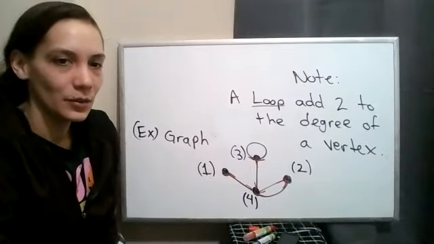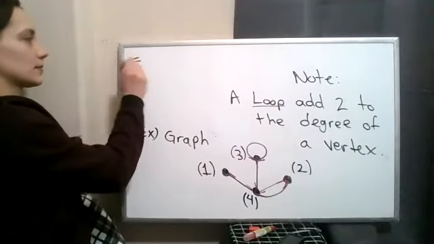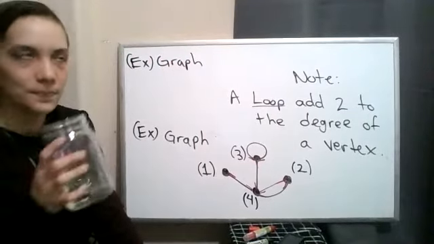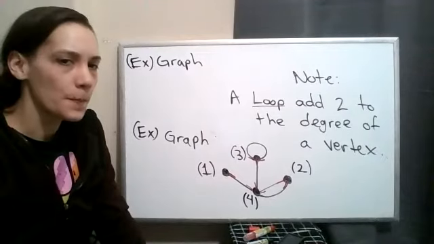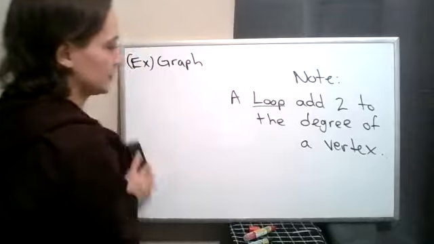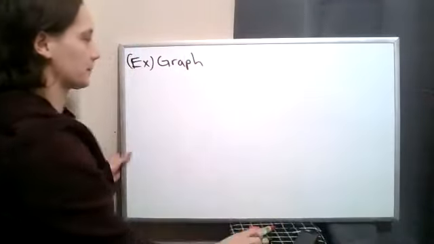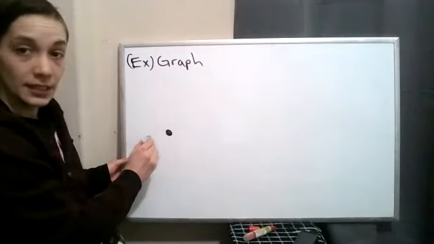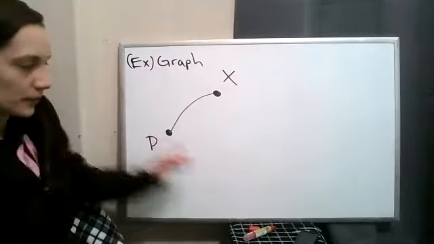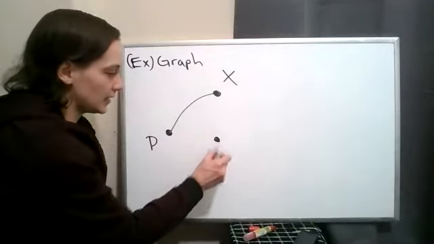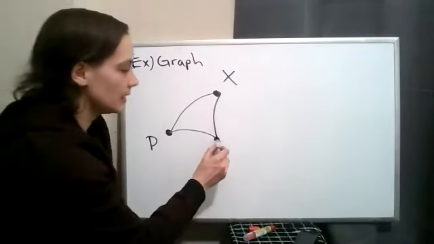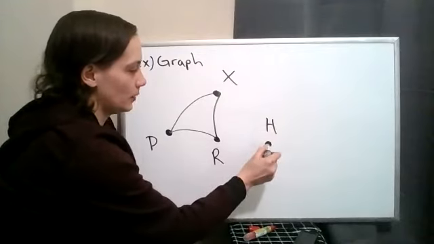I'm going to draw D, X, with this loop. Let's put R and then connect to D and X. Over here is H, which connects to R twice.